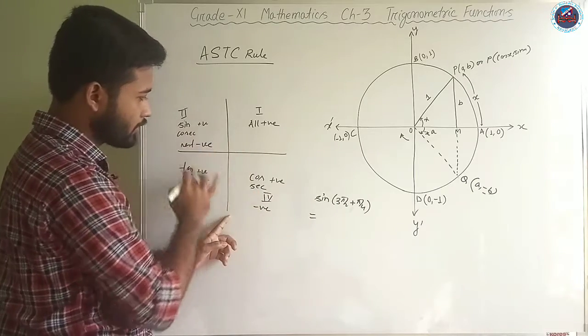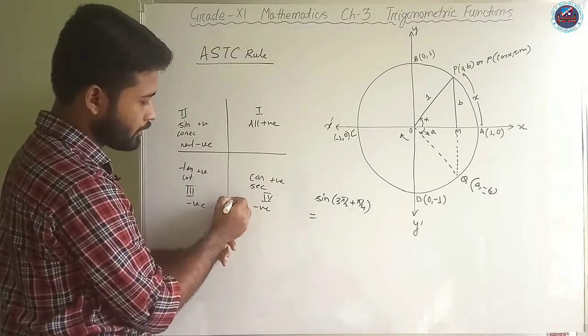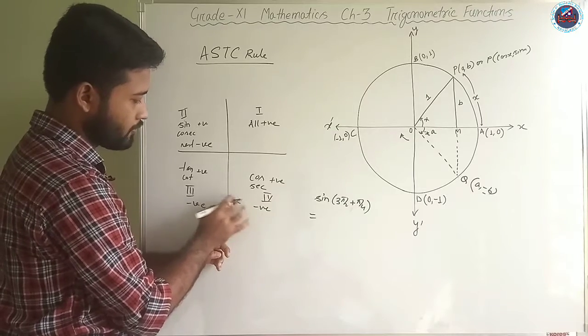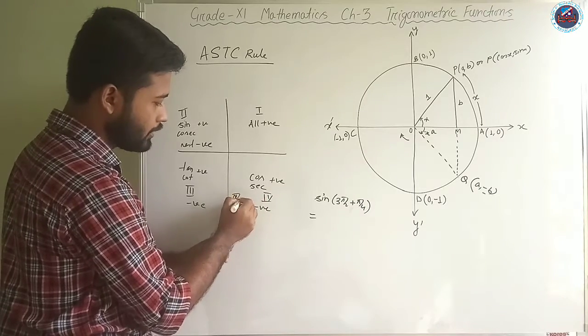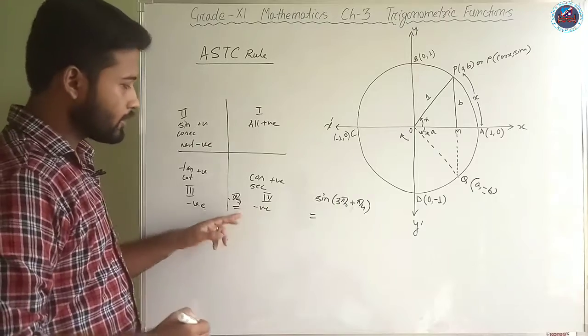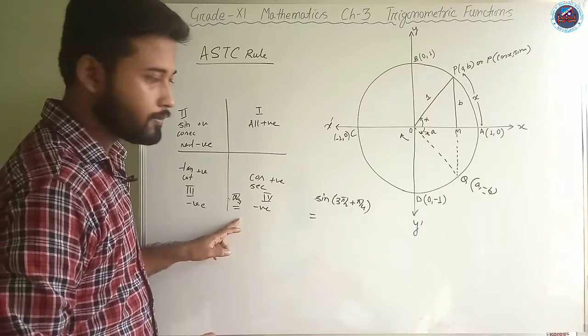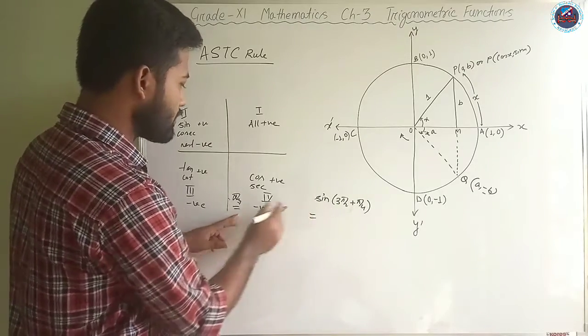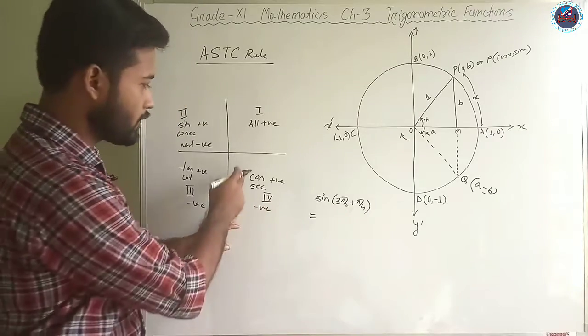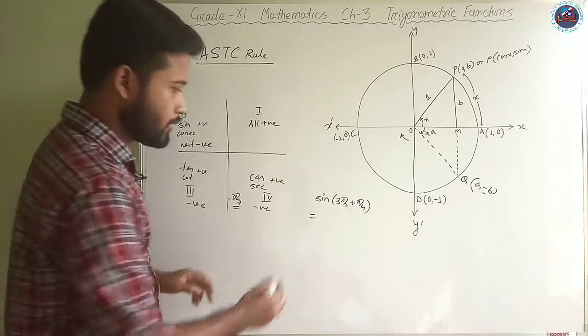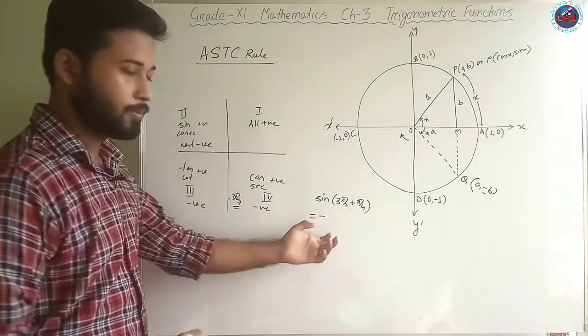That means after crossing the 3 quadrants, we have reached here. So now our pi by 4 will be in this quadrant, isn't it? So in this quadrant, what happens? The sign is negative here, because only cos and sec are positive. So whatever value it be, the answer will be negative.